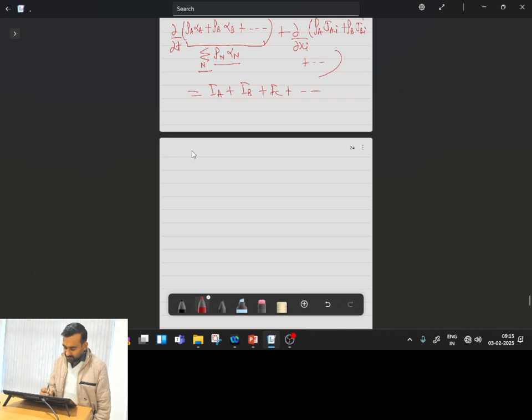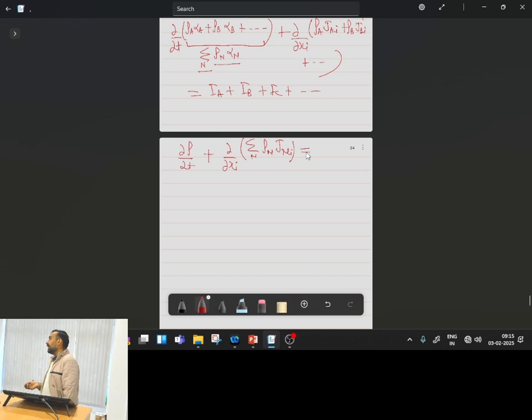So the first term I can write as del rho by del T, because this term is equal to rho, the mixture density, plus del by del xi of summation over n of rho n into Jni. What will be there in the right hand side? IA plus IB plus IC.